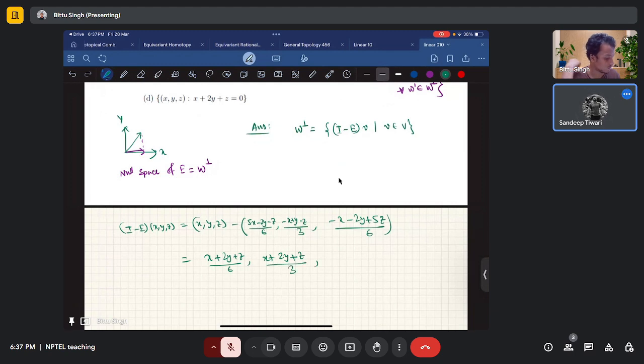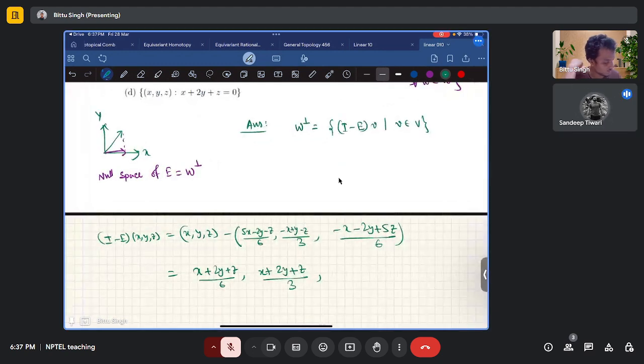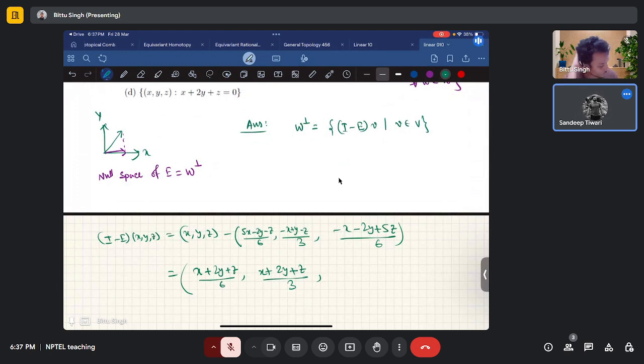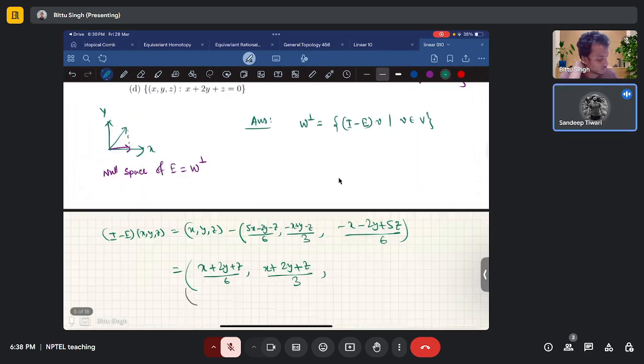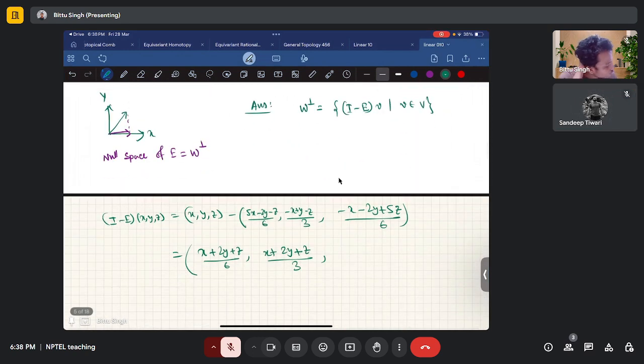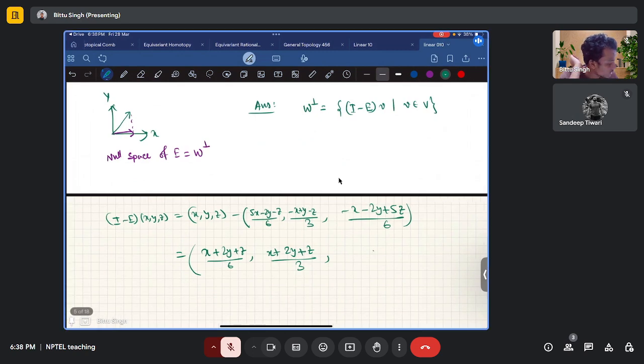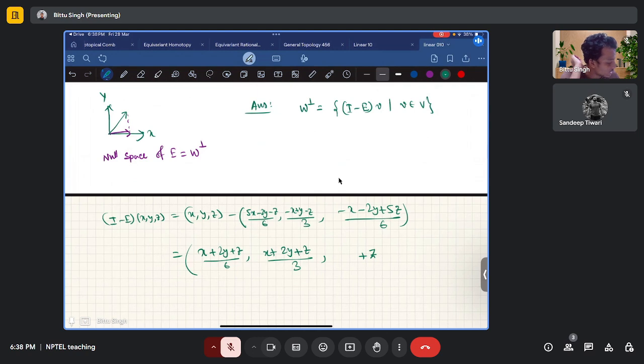No, there is only a single z, right? Okay, sir. Correct. So 6z minus 5z means again z, and there is x plus 2y.